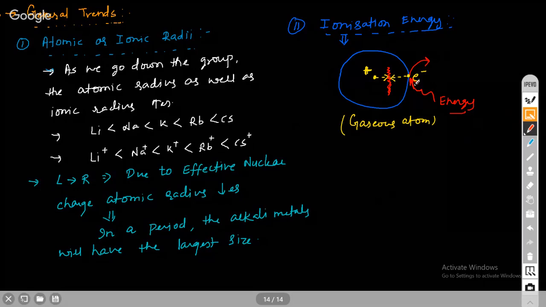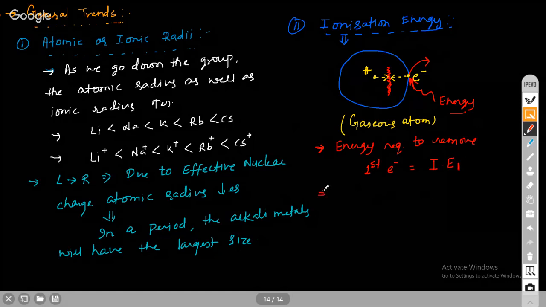So we can have another electron present in the inner shell. For that also, you can provide some energy, and the electron you can remove. The point is, the energy required to remove the first electron from the outermost shell of an isolated gaseous atom, we call it the first ionization energy, IE1.